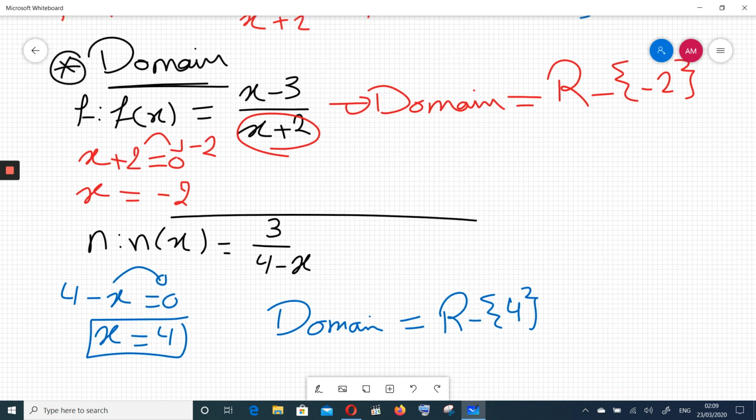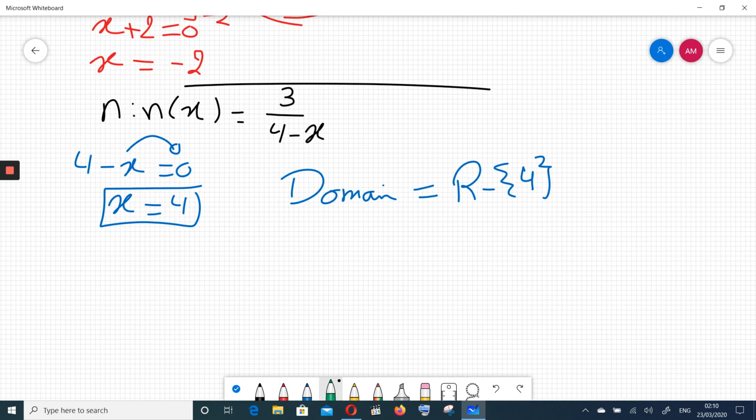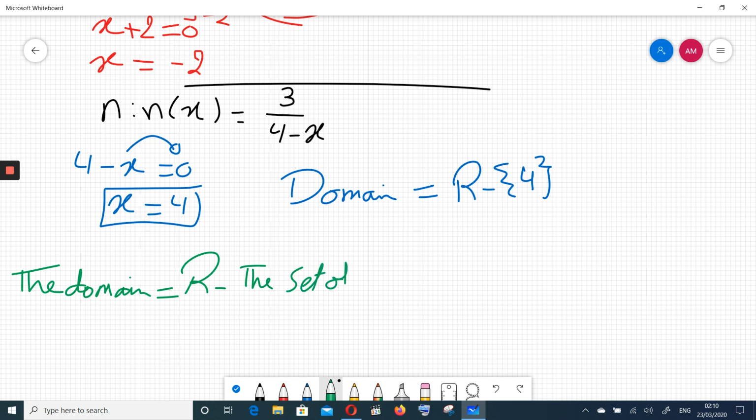So in general, to find the domain is going to be R, all the real numbers except the set of zeros of the denominator.